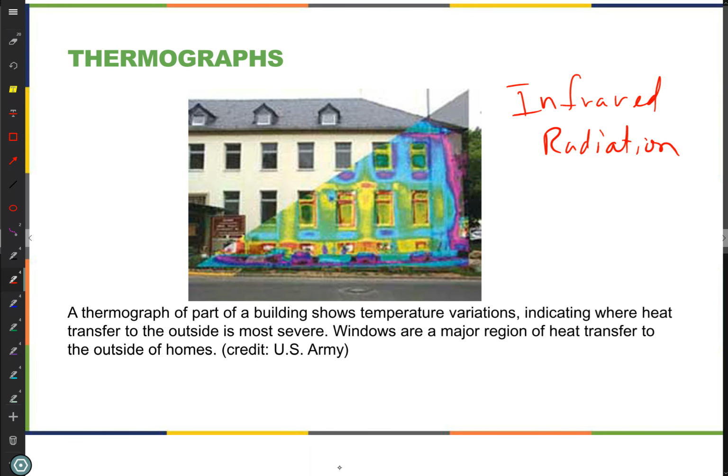Where it's red, like here, is where you have the most energy escaping, then yellow. You get down to the blue and there's very little energy escaping. So you can see these windows in the bottom are emitting a lot of energy, which stands to reason. You probably have your poorest insulation around the windows. Upstairs, they probably don't have the heat on because you don't have as much radiation escaping from upstairs.